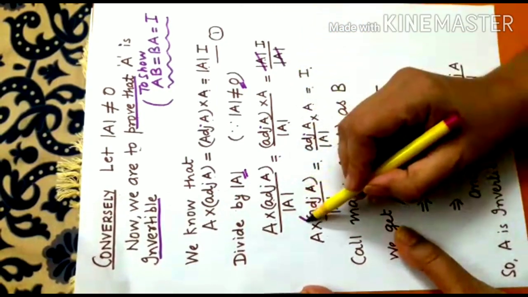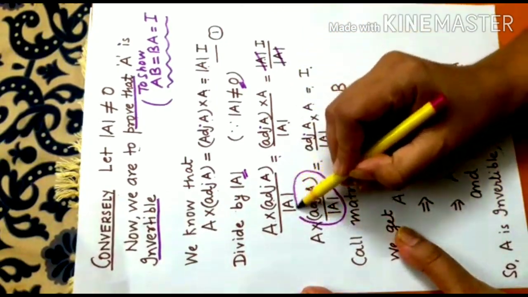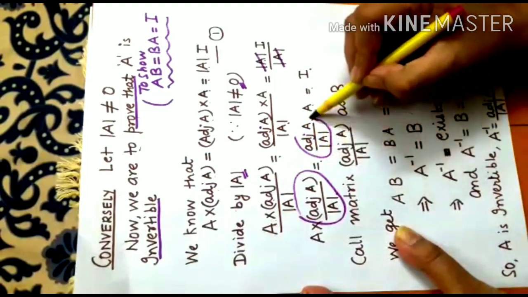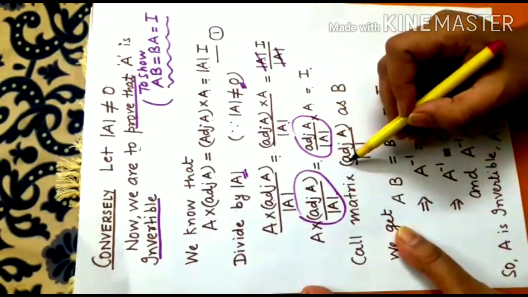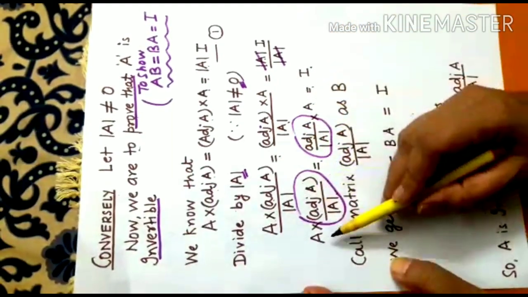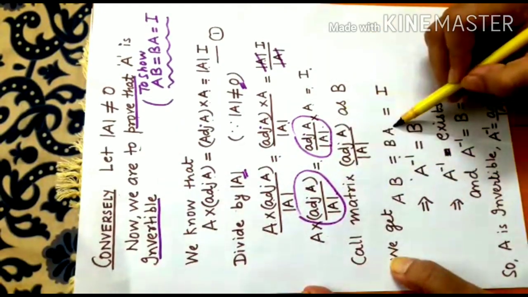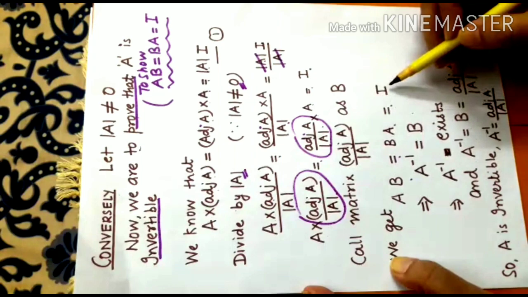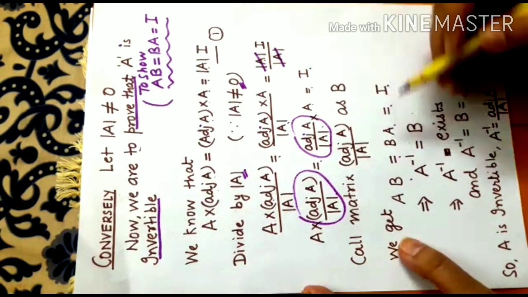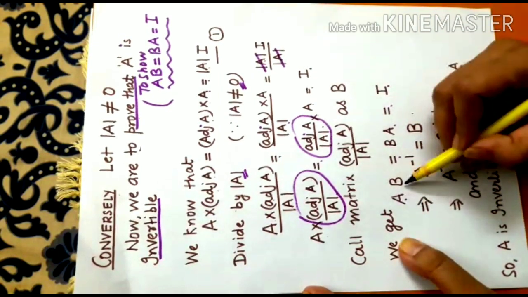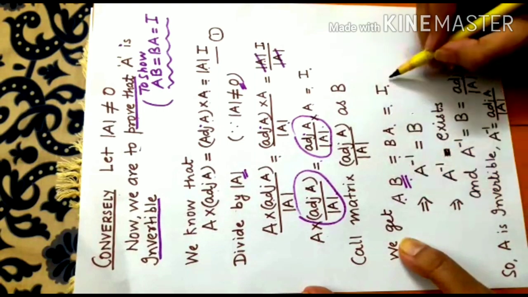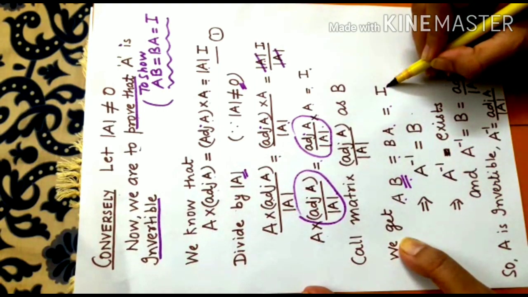So here I call this matrix B. So I'll get A into B is equal to B into A is equal to I. So the product of A with this matrix B is equal to the identity matrix.